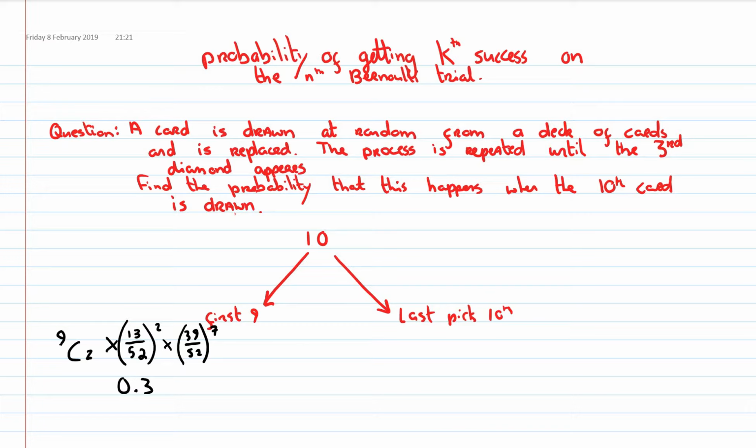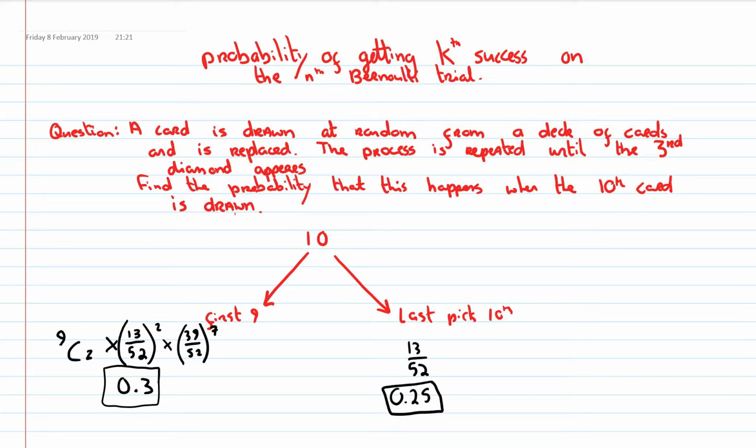0.3. So my chance of getting 2 diamonds in my first 9 picks, in any order, is 0.3. It doesn't matter if my first card is a diamond, or my second, or my 4th; it doesn't matter what order they're in. Now for my last pick, all I want is my chance of picking a diamond, which is 13 over 52, which is 0.25.